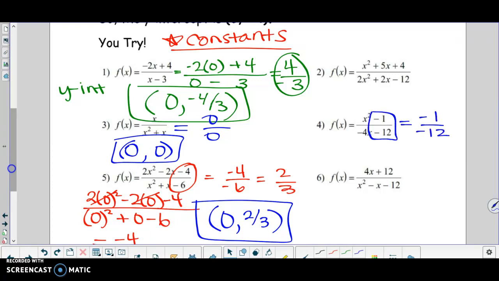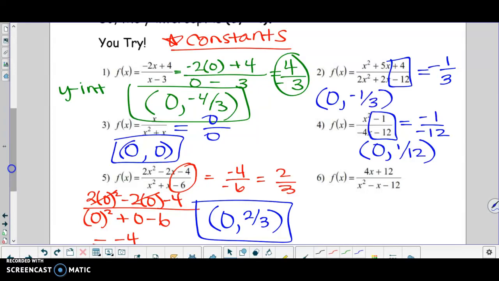A negative over a negative is going to become a what? Positive. So the y-intercept is at 0, comma, 1 over 12. Where are the constants in number 2? 4 and negative 12. So that would be what? If I simplified that, 1 over negative 3. So the point is 0, comma, negative 1/3.